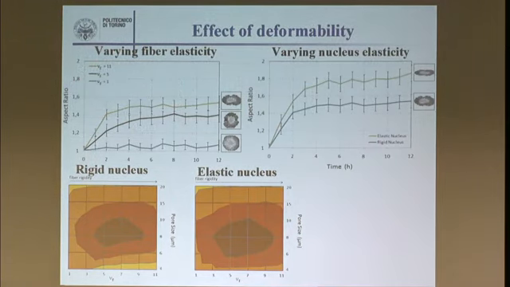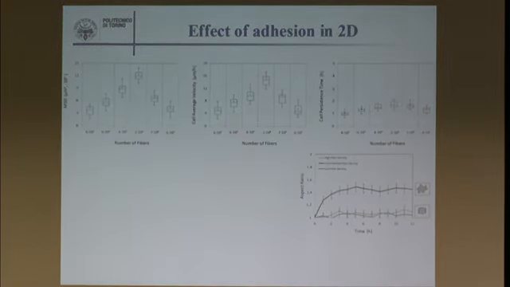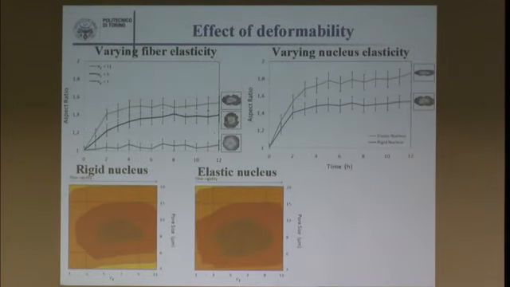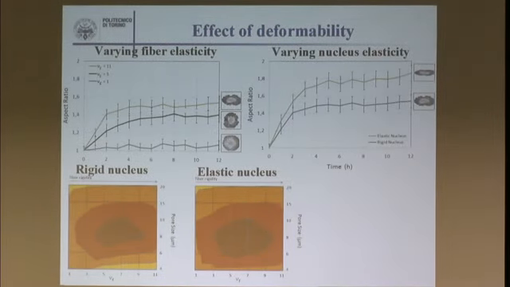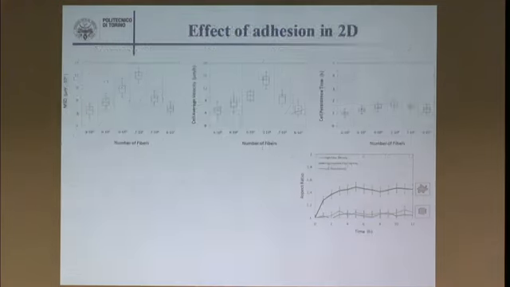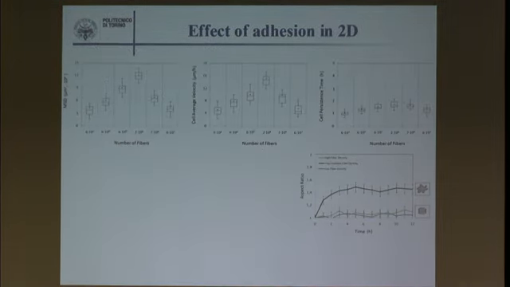Okay. So let's see. This is one feature I already discussed. We also did some numerical experiments in 2D, and we also find the same thing, in the sense that you again have an optimal number of fibers in order to have the highest speed.